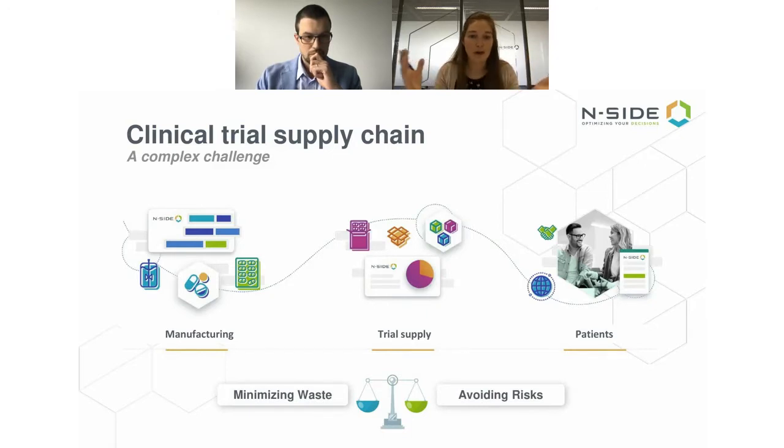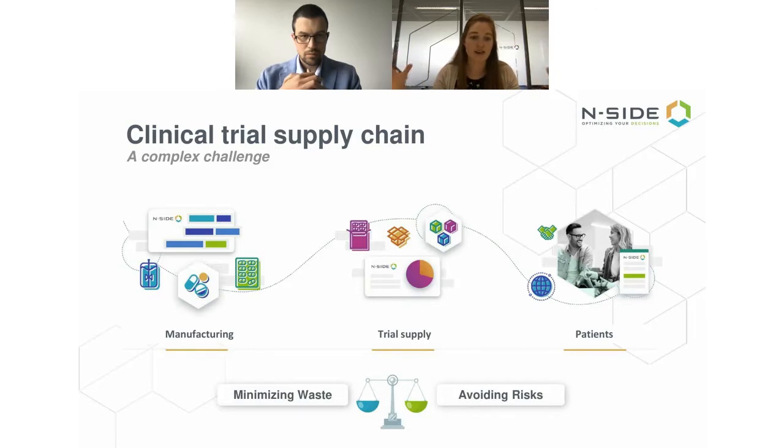So when we're trying to plan how to supply a clinical trial and how to manufacture to satisfy the demand, we're always looking at a balance between the risk that we absolutely want to avoid. We never want to miss a patient dose, but we want to do that in the most effective, efficient manner and really try to minimize the waste as much as possible.